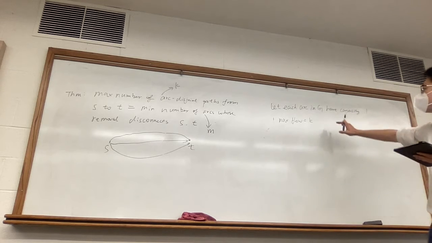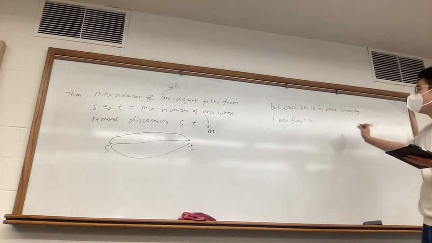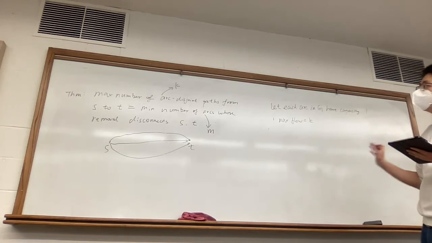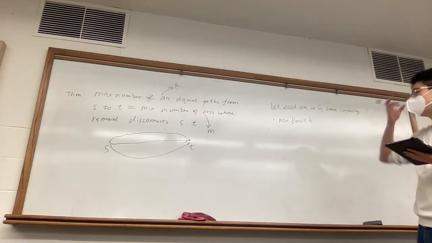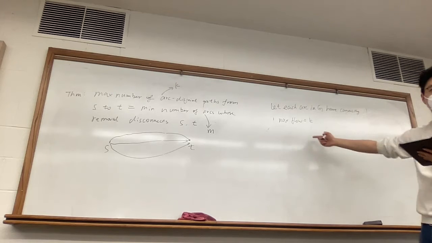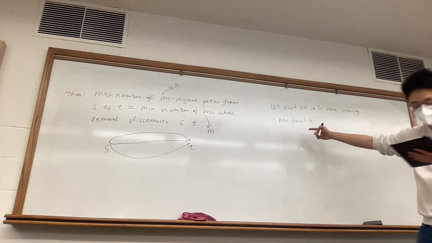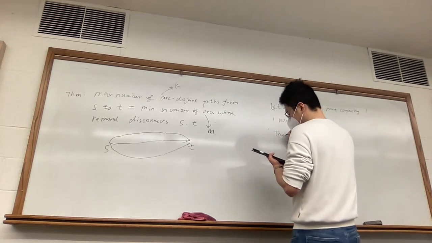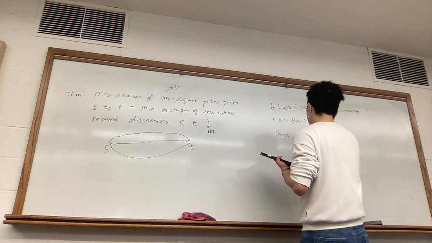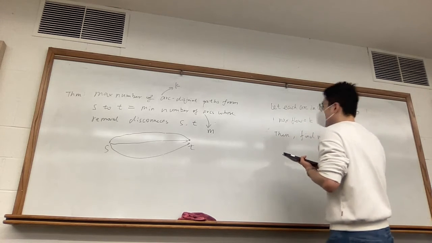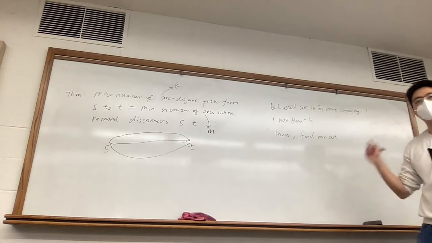So if I let each arc in G have capacity 1, then because we have K arc disjoint paths from S to T, and every arc has capacity 1, the max flow is just equal to K. Think about it why. I think this is very straightforward. Then we find the min cut. If you want to find a min cut, make sure that you have already got the max flow.